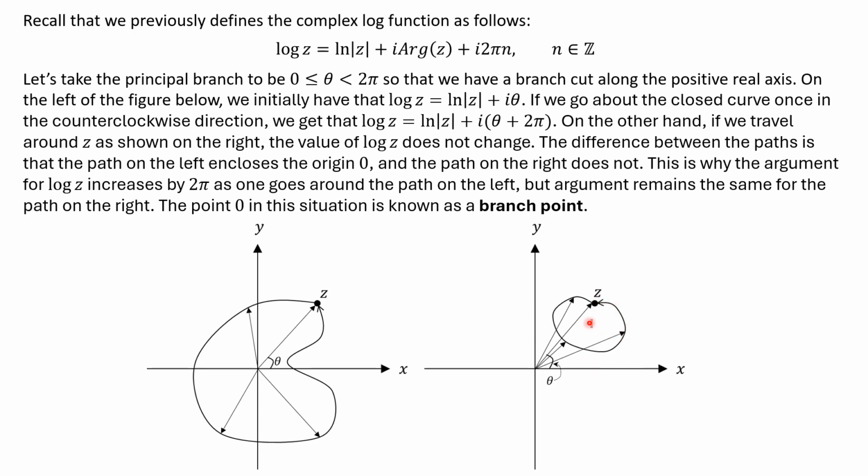So this point I drew in here is not a branch point, because you can circle it and come back to the same value for your function in question here, log z. Of course, we can do branch points for different functions. I'm just using log z as an example here.